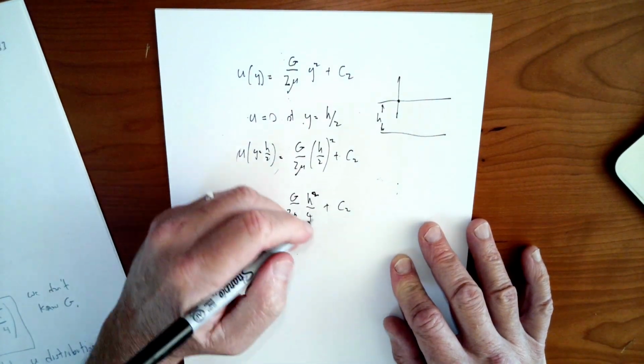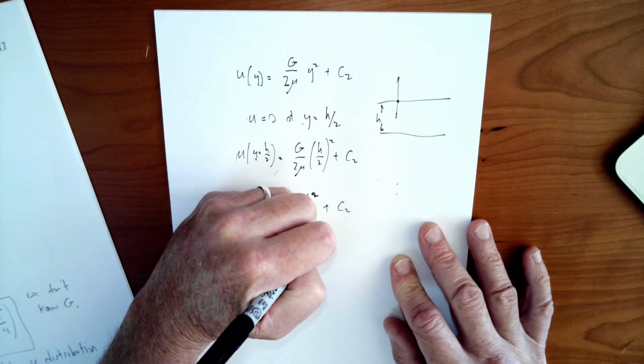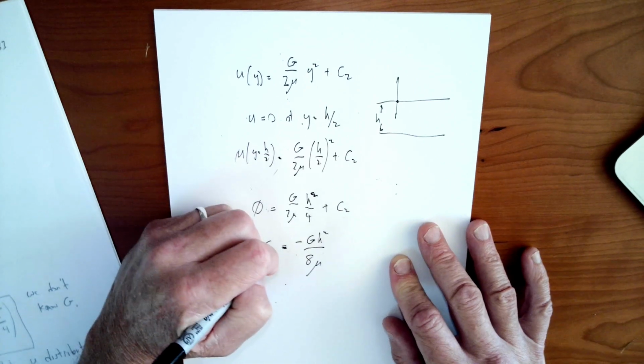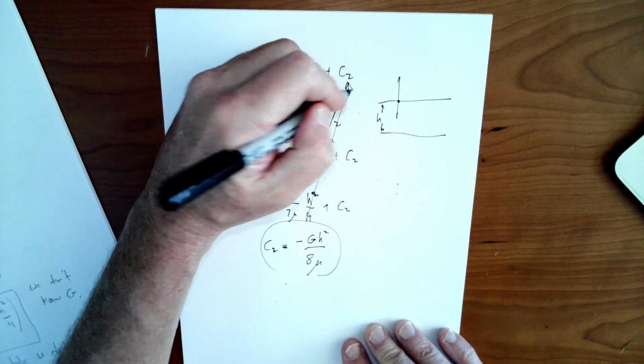And you crunch that around and you get c2 is equal to minus g h squared over 8 mu. That's my c2. Now I have to plug that in and update my solution.